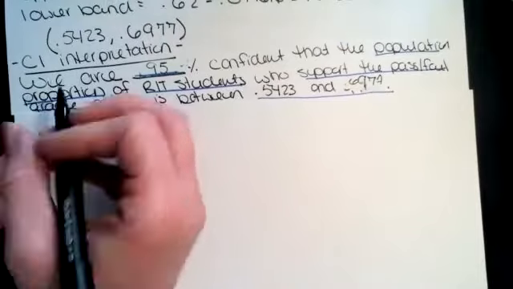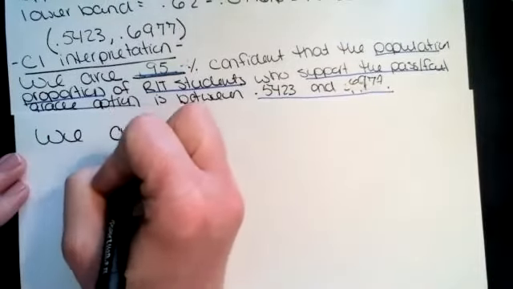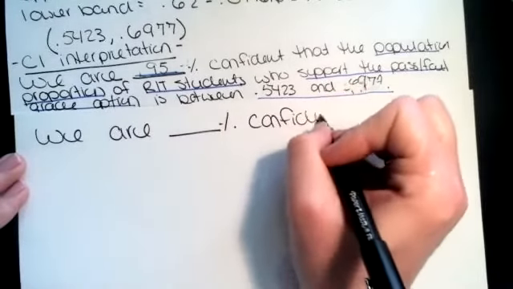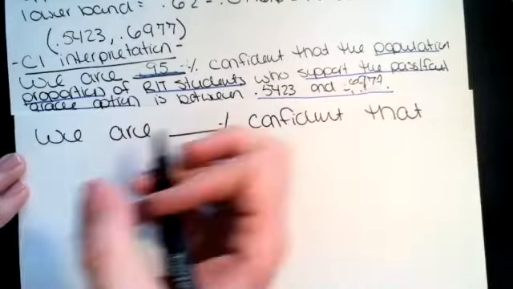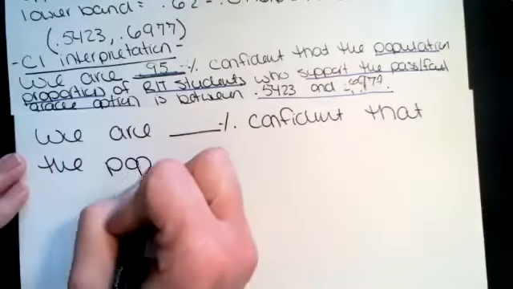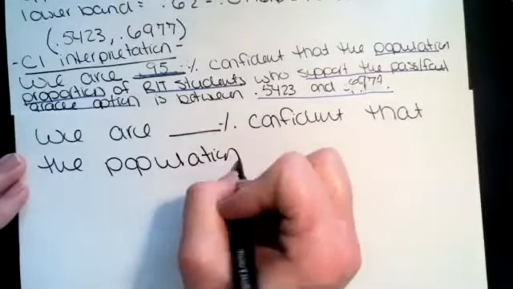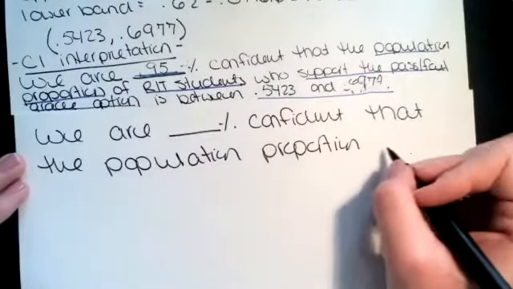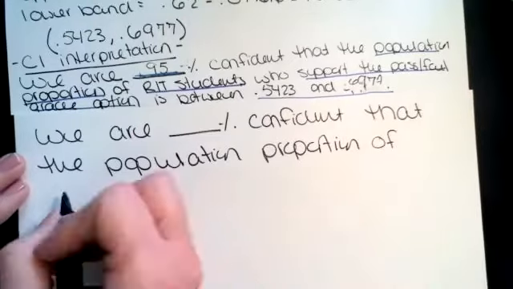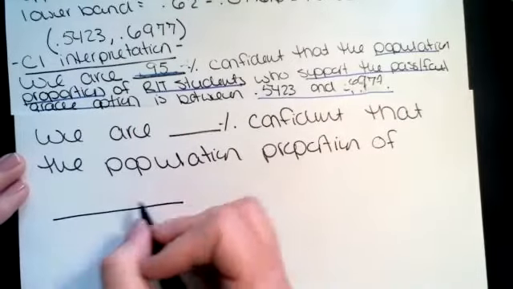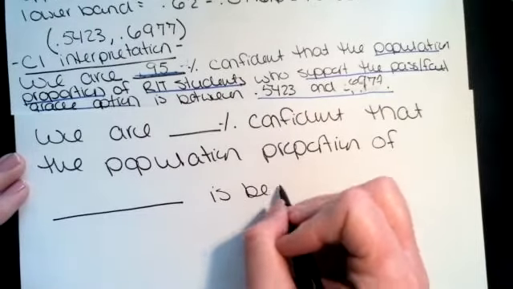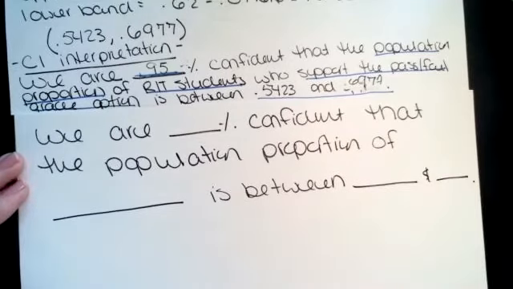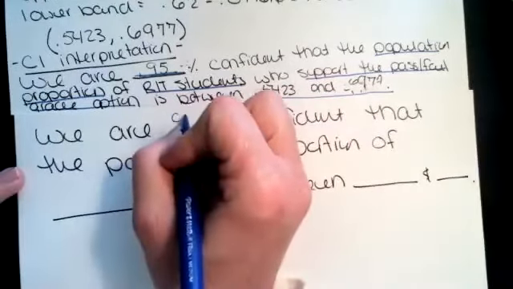So our blanket statement is, we say we are, whatever my level is, confident that the population proportion, and then you're going to say of, and then you have your context and variable, is between your lower and upper bound. Okay. So this is your confidence level.